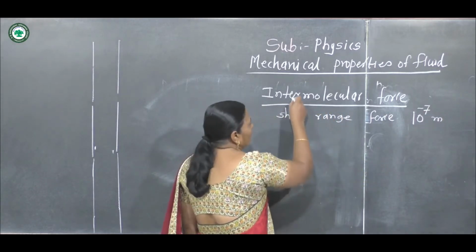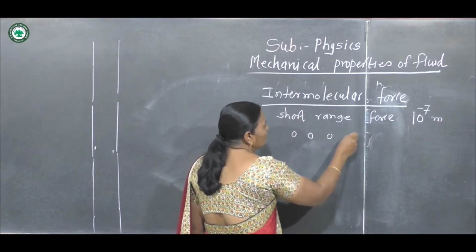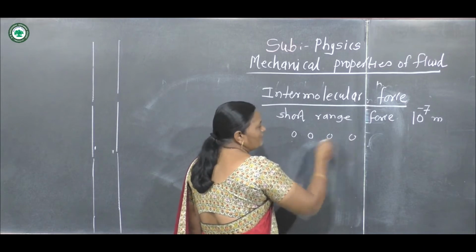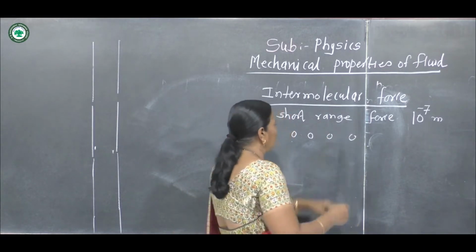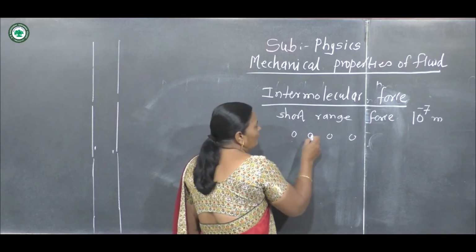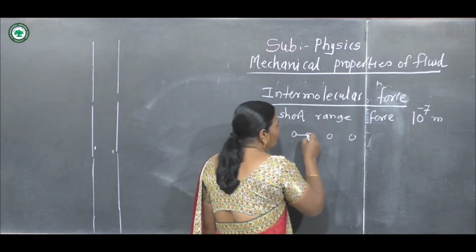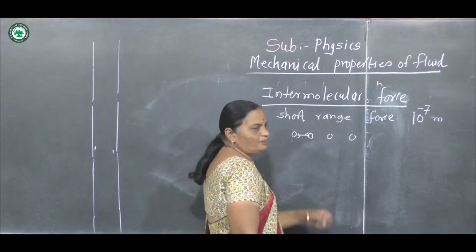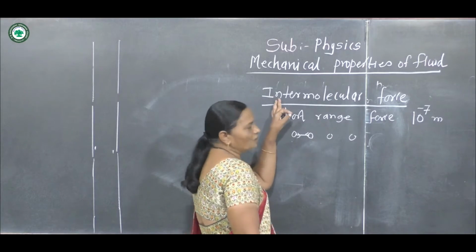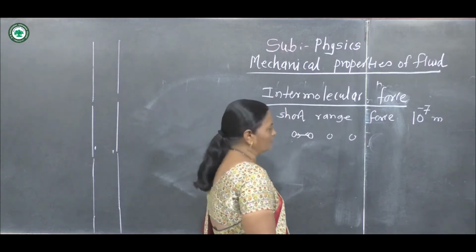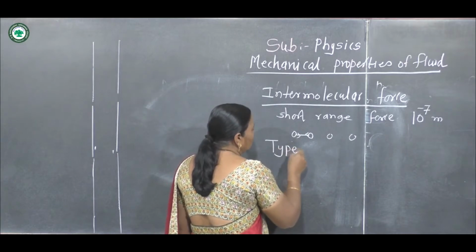Now see the intermolecular forces. What are the intermolecular forces here? Suppose these are the molecules of the fluid, gases, etc. Suppose these are two molecules. There is a force of attraction between the two molecules. The force is called intermolecular force. There are two types of intermolecular force.